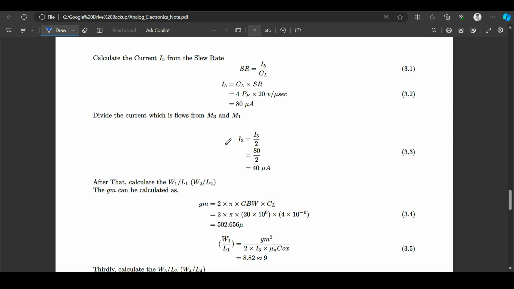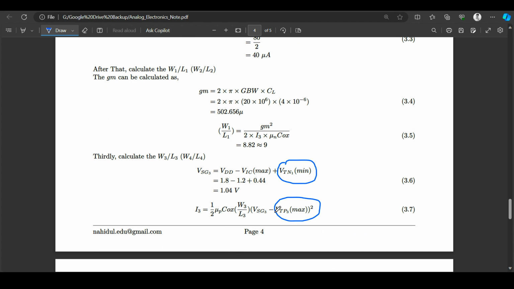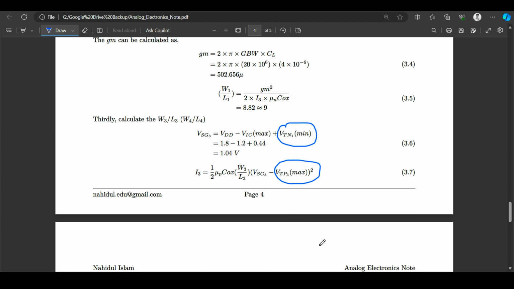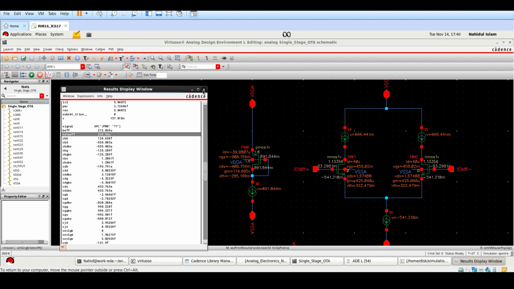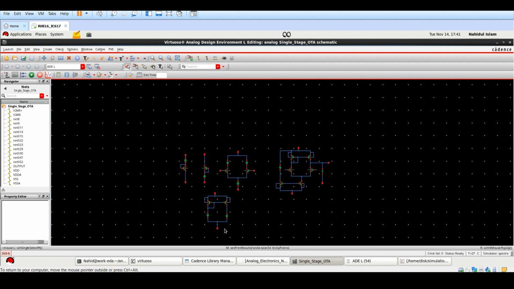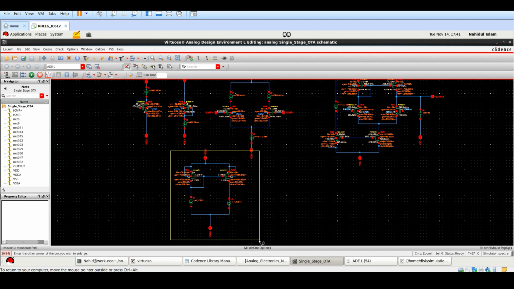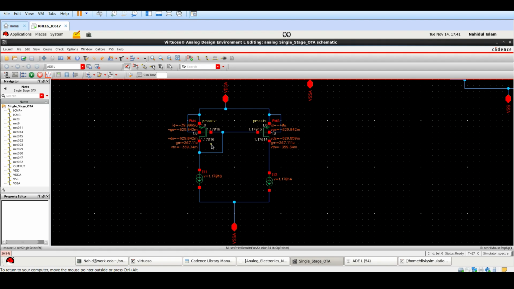How can I know that? To know the maximum threshold voltage for this PMOS, I have to set another arrangement in Cadence. You can see here is a PMOS and another PMOS, and I set the current source.